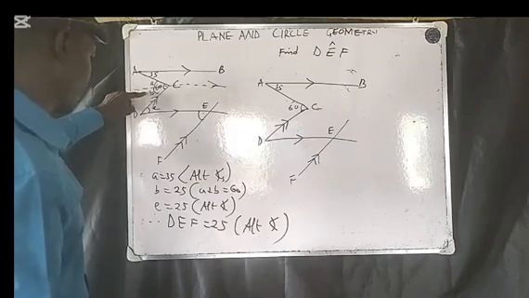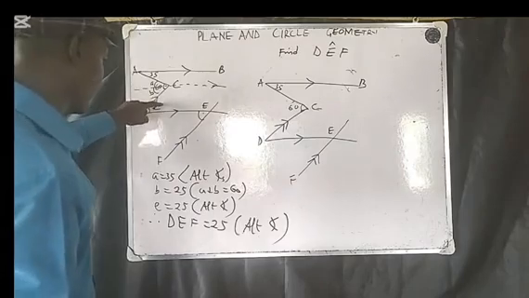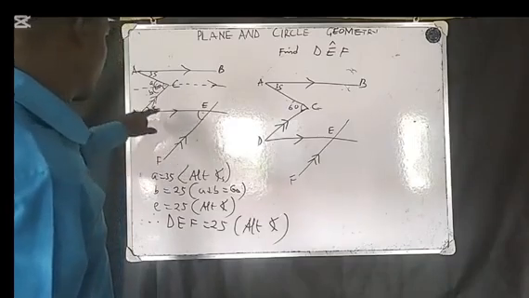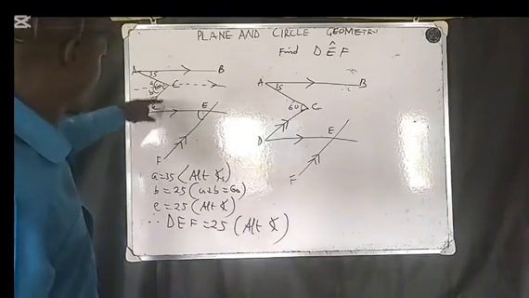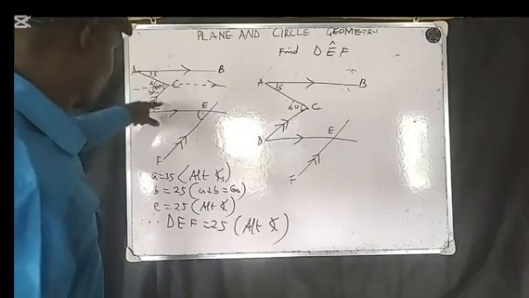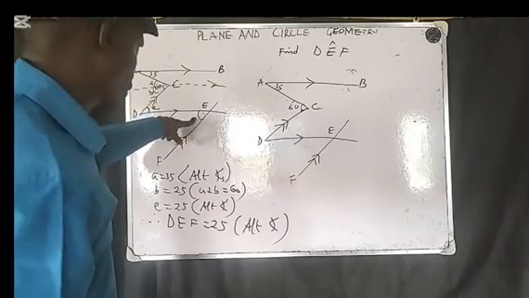This 25 equals E. E equals 25. And if we do alternate angles again, remember, this line and these two lines are parallel. So this 25 will be equal to the angle here, DEF. So DEF also equals 25.